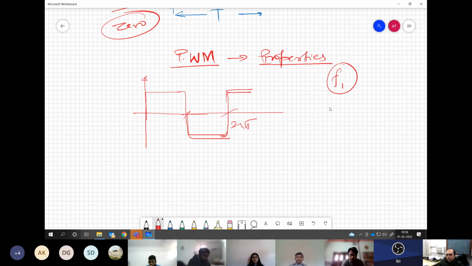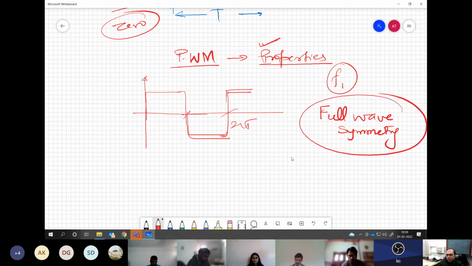This is the first requirement, and this property is called full wave symmetry. If you ensure this, that means you are ensuring a fixed fundamental. If you are not able to ensure this property, then your waveform itself is not defined. It is aperiodic. You don't have any fundamental frequency there. You understand my point? So this is the first condition.